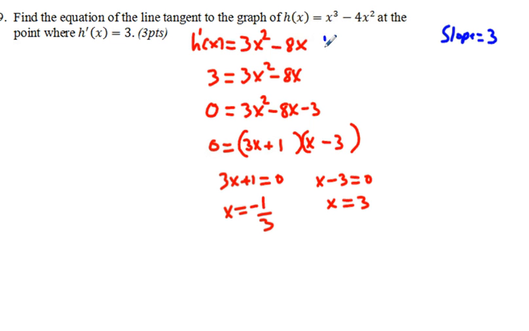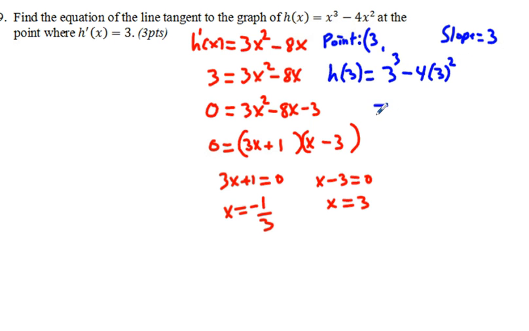And the point, well, for the point, we have the x value, which is 3, and the y value we can find by plugging in. So we say h of 3 equals 3 cubed minus 4 times 3 squared.